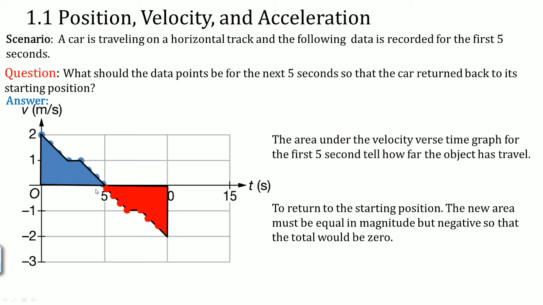It's just rotated 180 degrees. So here you should see that they're identical but reflected. So these two areas here, when you add them, will be equal to 0. This would be the points that it has to travel in the velocity versus time graph such that it will return back to 0.